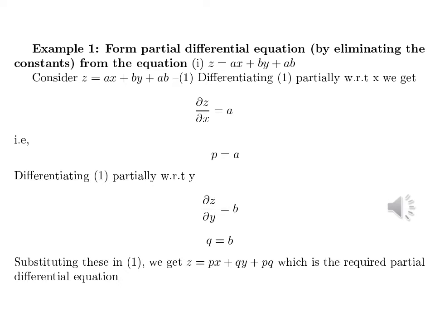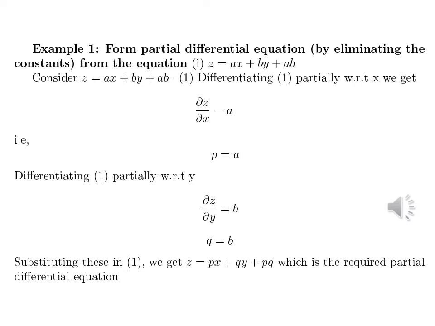So we'll differentiate this equation partially with respect to x. We get ∂z/∂x equals a. We already know that we are following a particular notation that ∂z/∂x is always the small letter p. So p equals a.